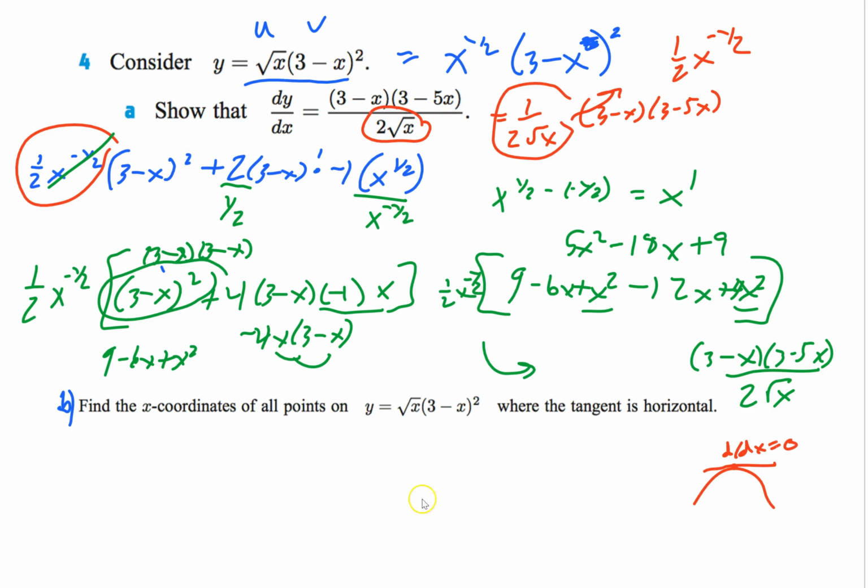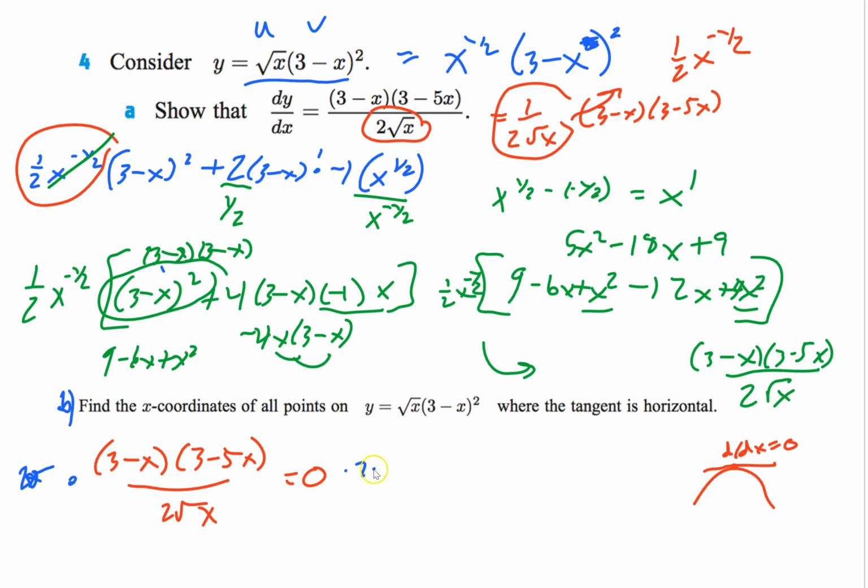But anyway, the whole idea is to solve that. So all I have to do is set that derivative equal to 0. So 3 minus x, 3 minus 5x, all over 2 radical x equals 0. How do we solve this? Well, multiply both sides by the denominator.